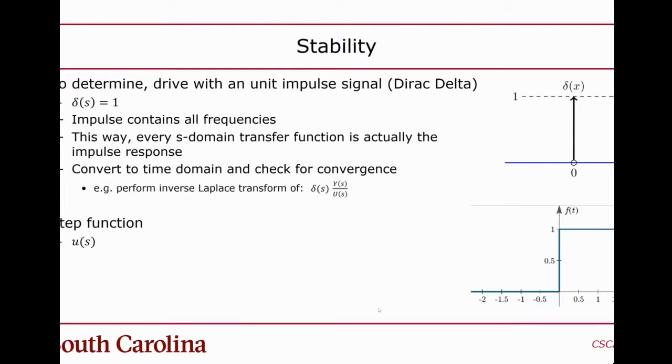So what that means is that all transfer functions are actually just the impulse response. You kind of get it for free. In other words, if you have an S domain transfer function, it's the Dirac response.